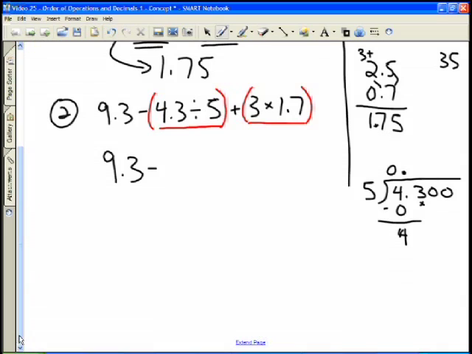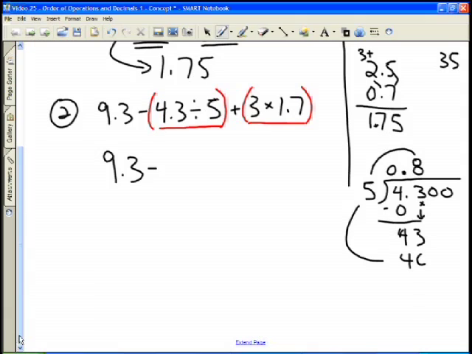And now I bring down my next number, and now that 43, how many times does 5 go into 43? Well, we know that 8 times 5 is 40, so that's pretty close.